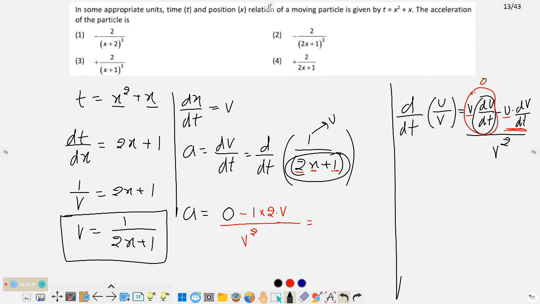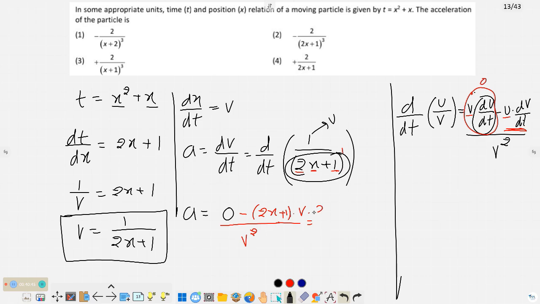If you take it as 2x plus 1 whole power minus 1 form and differentiate, you will get 2x plus 1 bracket into v into 2.